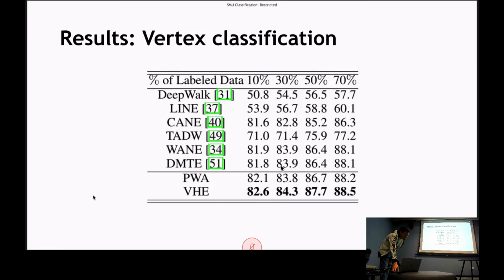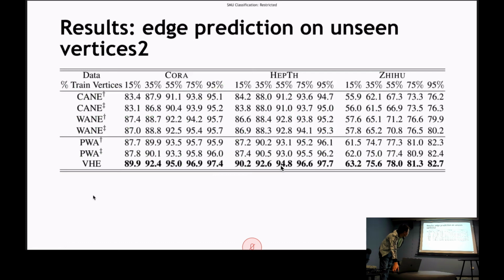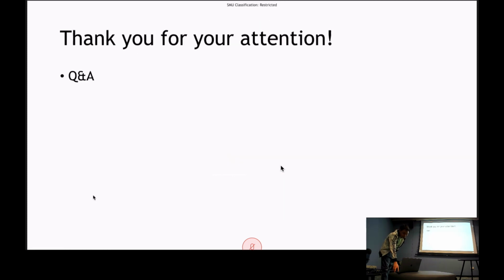And here's the result on vertex classification. And here's also edge prediction based on unseen vertices. Okay. So any other questions?